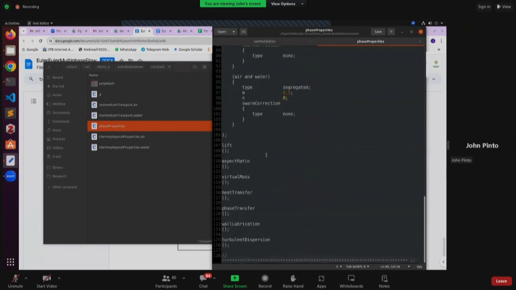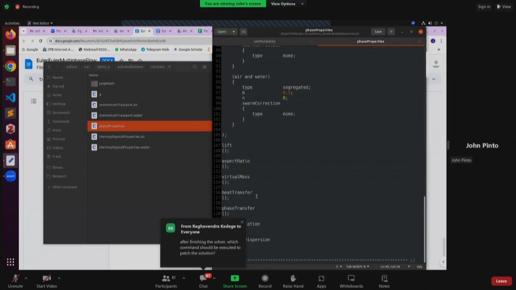Then we have lift, aspect ratio, virtual mass, heat transfer, all these things. So you can model all these things as well. If you see that lift may be significant, add lift. If you see that the diameter of the bubble is not constant, like your particles are not the same size, I mean, they are not spherical, if they have some oblong shape or something else, then aspect ratio will come into the picture. If there is relative acceleration between the phases, then virtual mass will come into the picture.